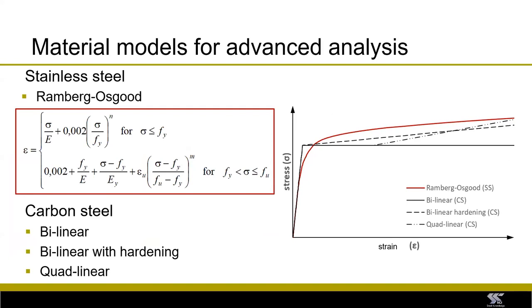For carbon steel, which is shown on this graph, you generally use a bilinear curve or perhaps bilinear with hardening or quadlinear. The amount of nonlinearity is determined by this exponent n, which is called the strain hardening exponent. So the higher it is, the less nonlinear the material. So carbon steel would have an exponent of infinity.